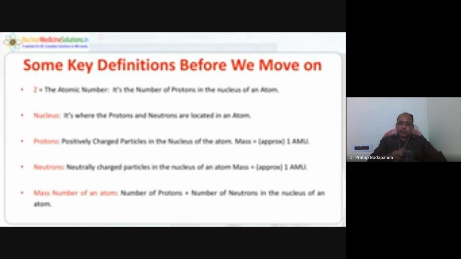And comes mass number of an atom: the number of protons and number of neutrons in the nucleus is called the mass number. It means we have defined what is atomic number, what is proton, mass number, and the different types of particles like proton, neutron, electron, and proton and neutron both combine to make a nucleus.